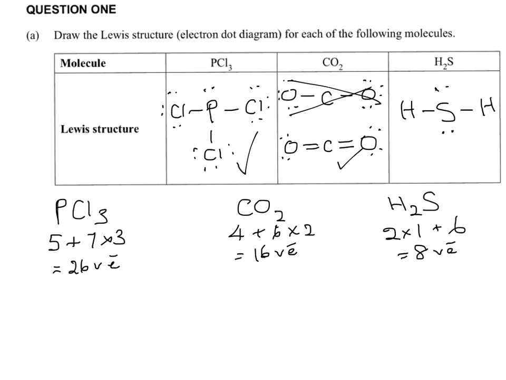Now, hydrogen can only have 2 electrons. It's only got 1 electron shell, and that first electron shell can only hold 2 electrons, so that works for hydrogen. And you could call that the duet rule if you wanted to.